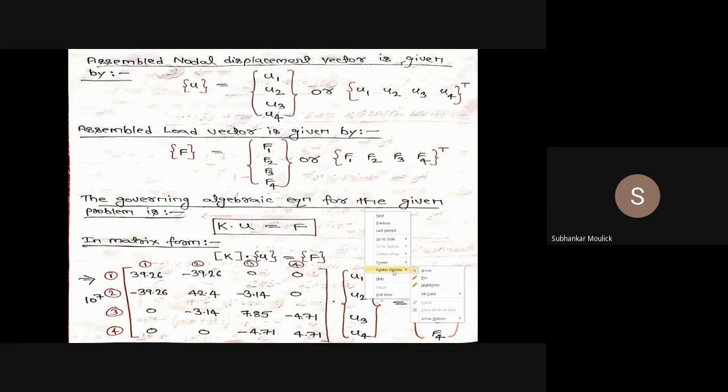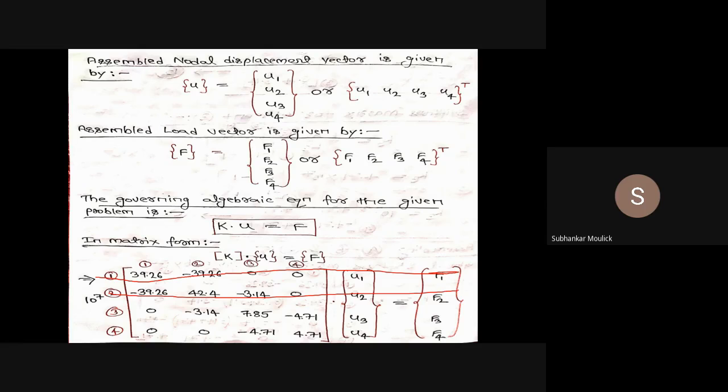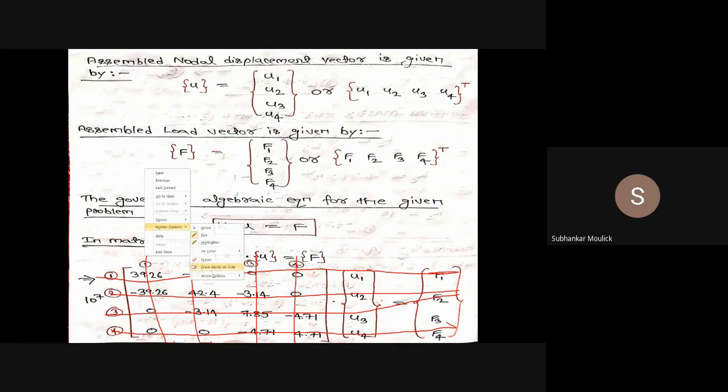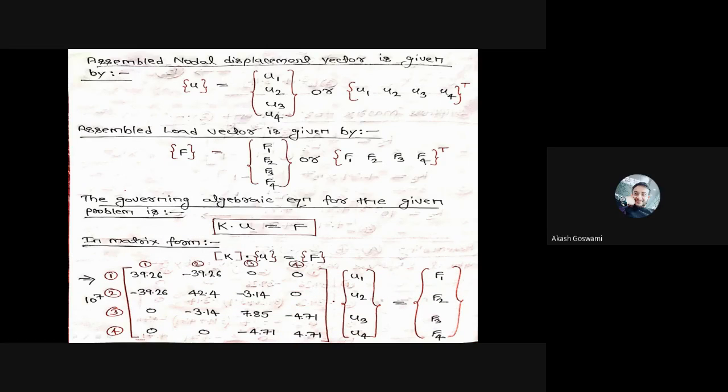The first row represents node 1, second row node 2, third row node 3, and the fourth row node 4. Similarly, first column is node 1, second column node 2, third column node 3, fourth column node 4. Is it clear?